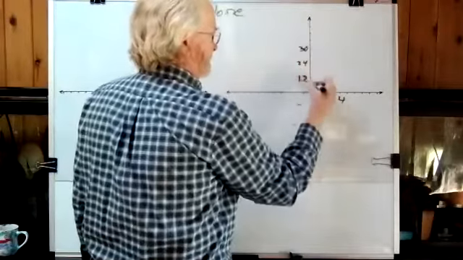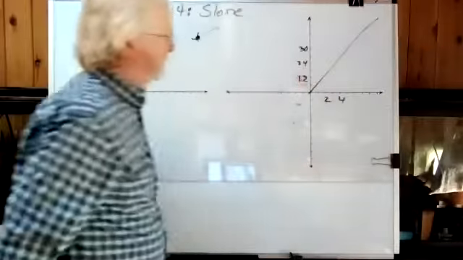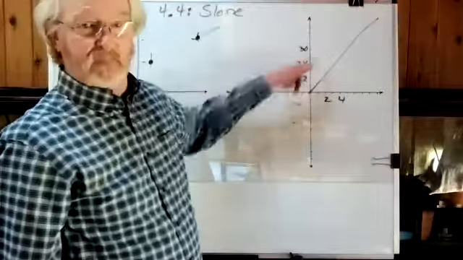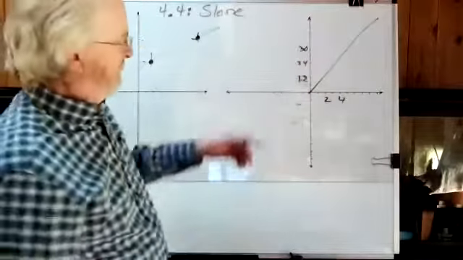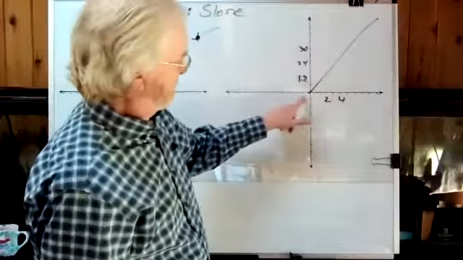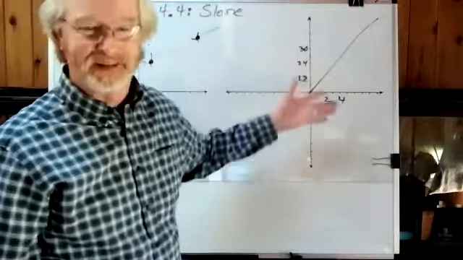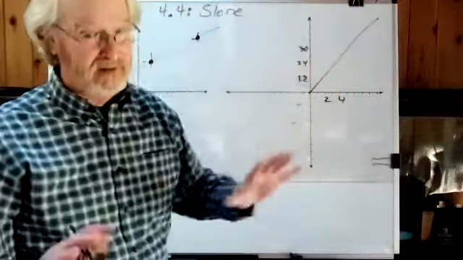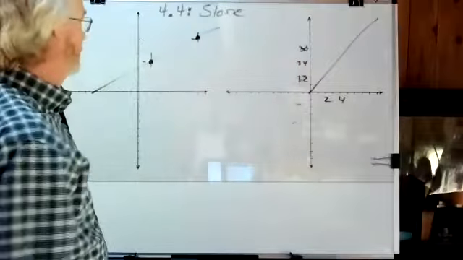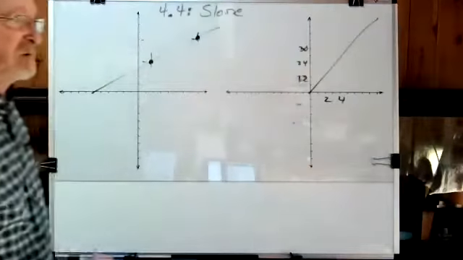And I remember people looking at that graph and saying, oh, over 1, up 1, over 1, up 1. Ah, but that's 1 unit, but this is 6, right? I went over 1, but up 6 because of the units there. Just got to watch out for your units. A side conversation there, sorry.